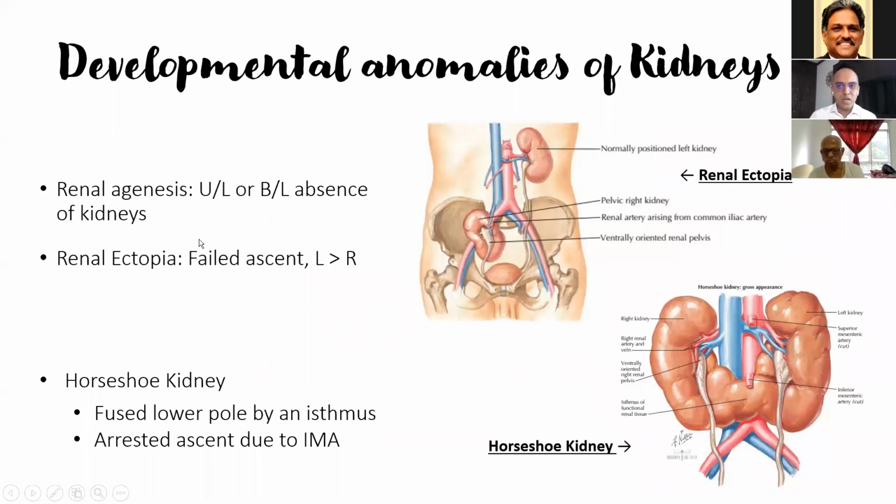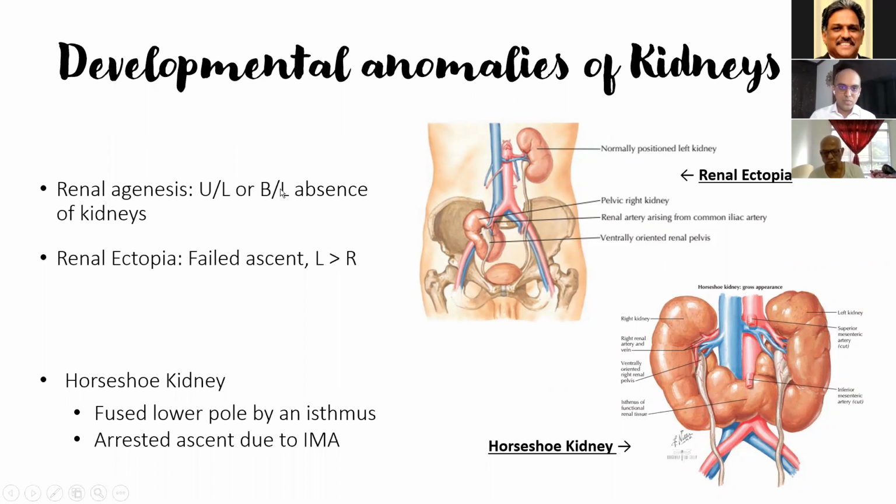The other developmental anomaly is renal agenesis. The kidneys, during development, for sporadic reasons or due to chromosomal abnormalities, will not develop. Bilateral absence of kidneys is not compatible with life. During the embryonal development, there is oligohydramnios.